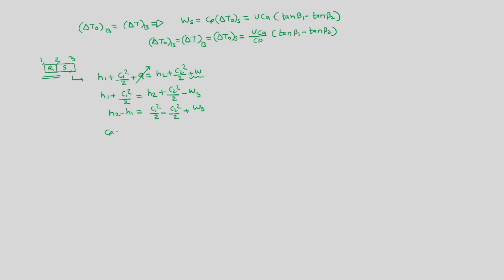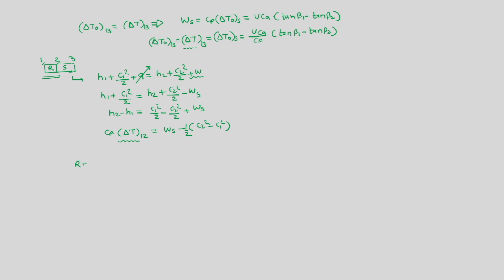So we have Cp into delta T 1 2 is equal to W stage plus, or we can also write it as minus half of C2 square minus C1 square. So this is the formula we have got till now. Here we got the numerator, and here we got the denominator.